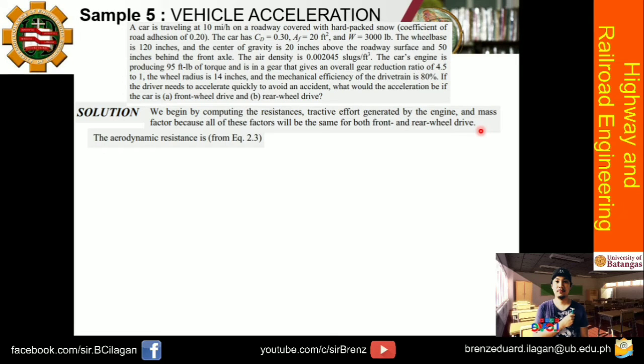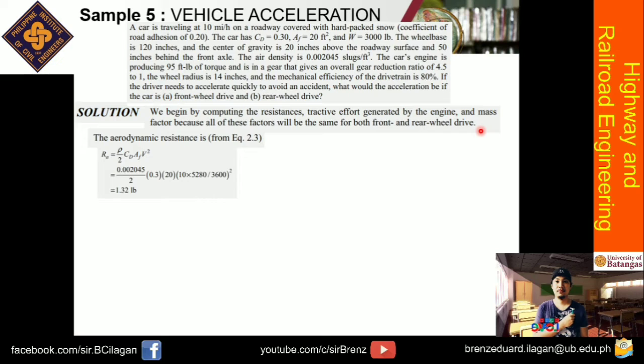The aerodynamic resistance, from equation 2.3, is R sub A is equal to rho over 2 times C sub D times A sub F multiplied by V squared. Given rho as 0.002045, over 2, times C sub D of 0.3, times A sub F of 20, and the velocity given as 20 miles per hour, we convert it to feet per second: 5280 divided by 3,600, and then squared. So the answer for R sub A is 1.32 pounds.